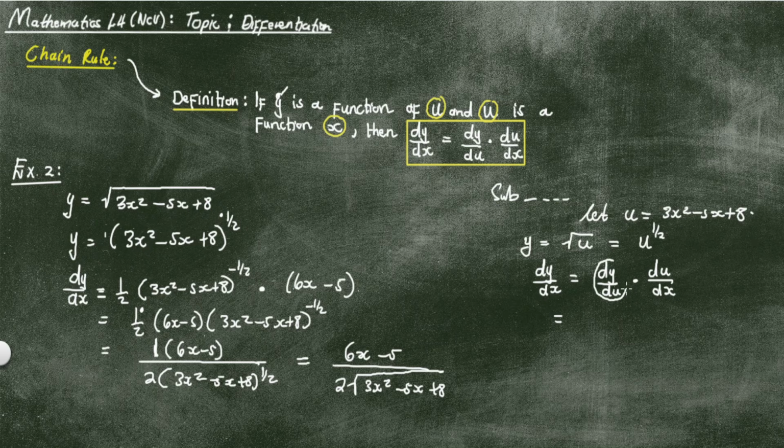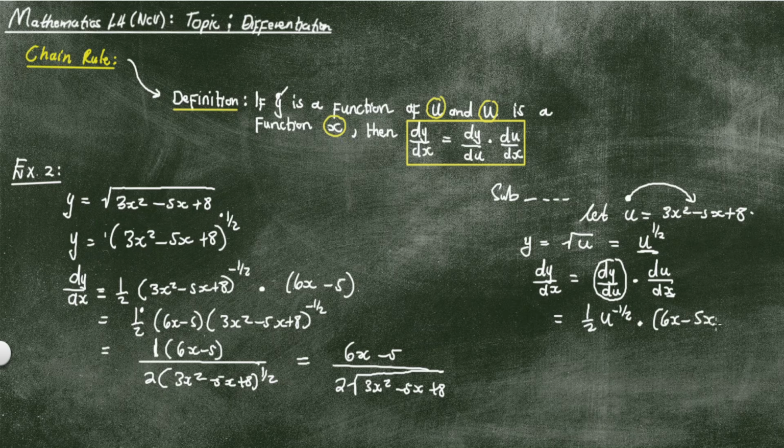So the derivative of y with respect to u, I'm differentiating this, gives me a half u raised to exponent minus half multiplied by the derivative of u with respect to x. So I'm taking this and differentiating this with respect to x. What do I have as a result? I'm gonna have a 6x minus 5, because the derivative of 8 is 0, it's a constant.